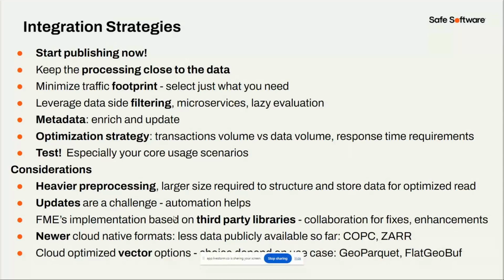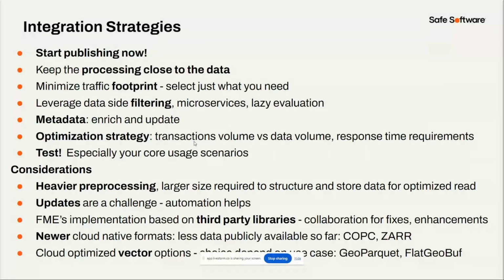Minimize your traffic footprint, keep your processing close to the data, and think carefully about your optimization strategy, because that will be based somewhat on your use case, and do test. I found that whole testing quite informative when I was doing that with the GeoParquet. And do realize that you do have some heavier pre-processing, because we are optimizing for read structure, as Michelle mentioned.